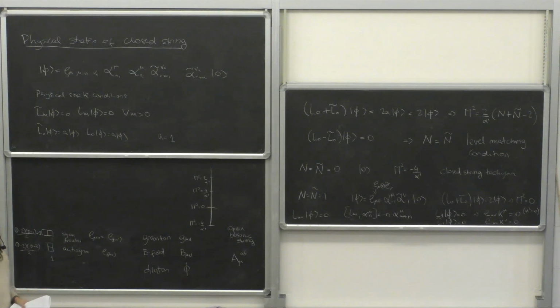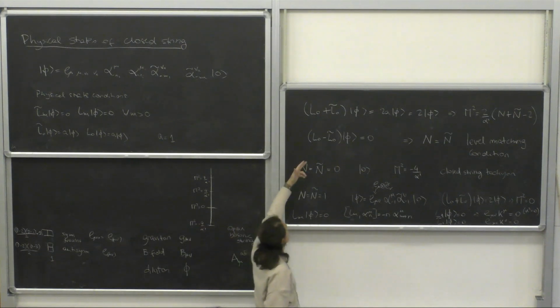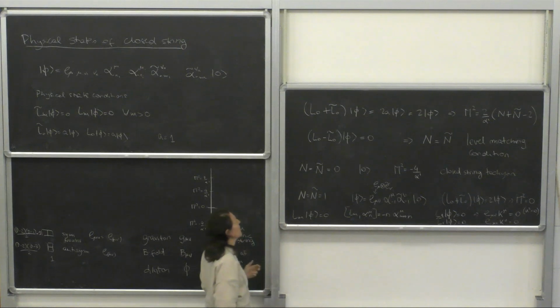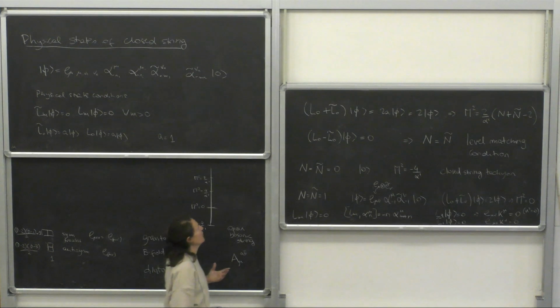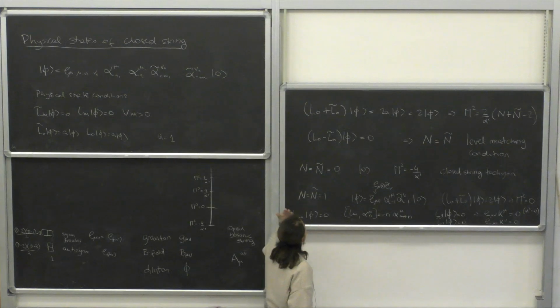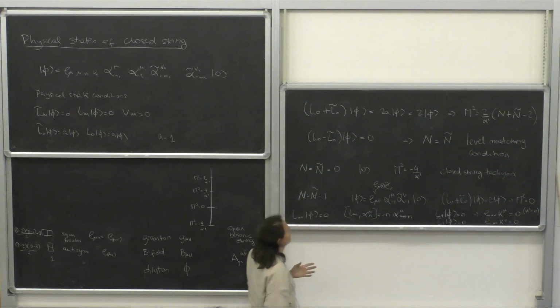Then if you want to understand it physically, what it means is that the string should be invariant under translations. Because L0 is the zero mode of the energy momentum tensor, the left-moving energy momentum tensor. It's like the Hamiltonian on the left, and this is like the Hamiltonian on the right.